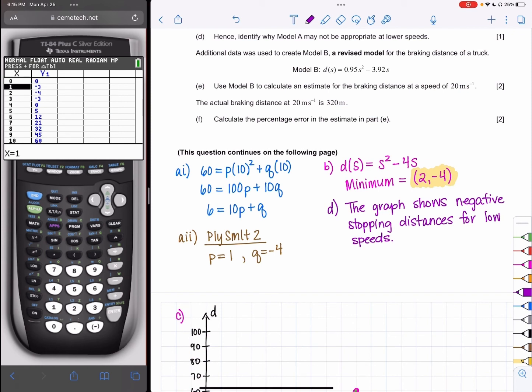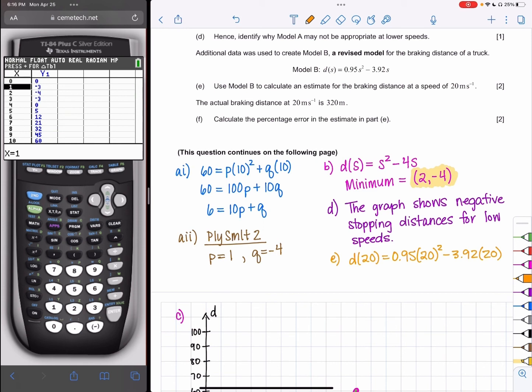So basically, I'm just going to use that equation and substitute in 20. So for E, I'm going to have D of 20 is equal to 0.95 times 20 squared minus 3.92 times 20.